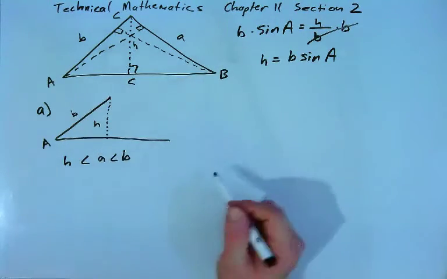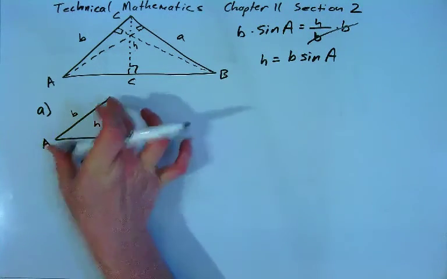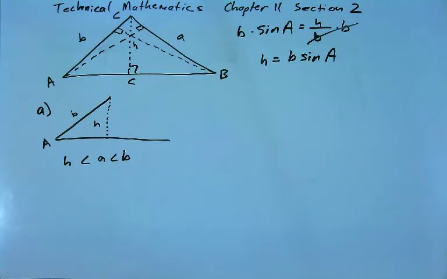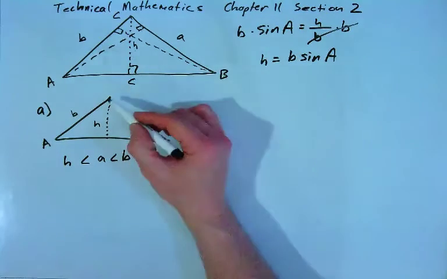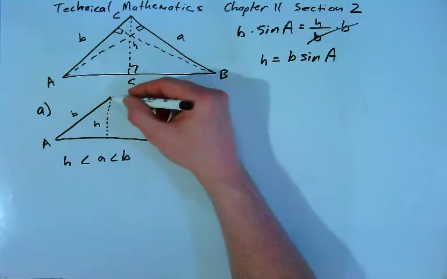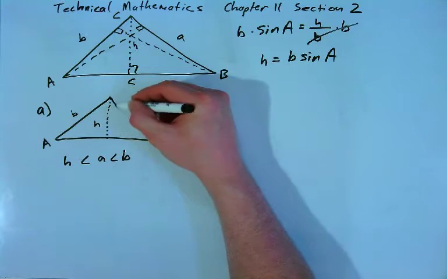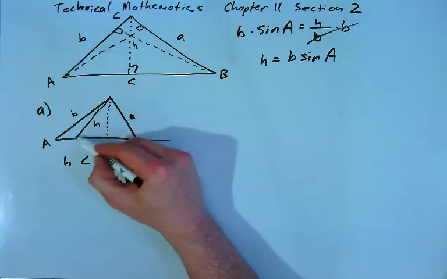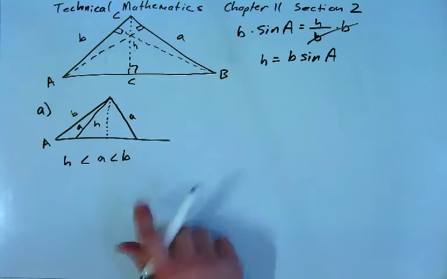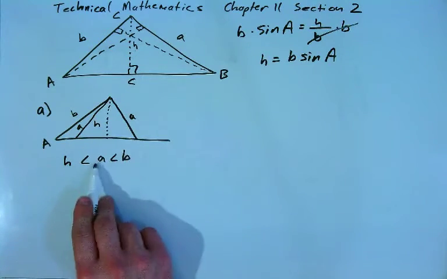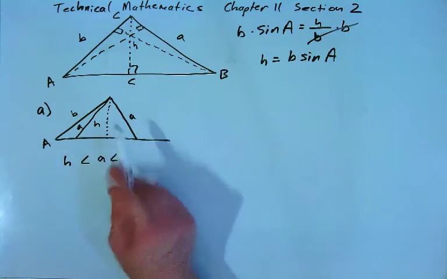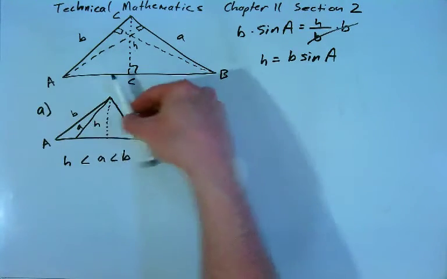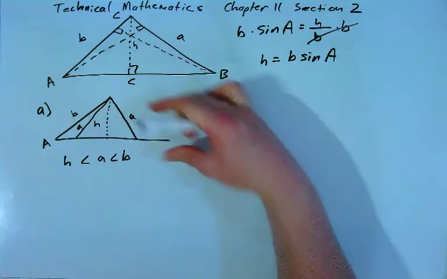a is longer than the height of the triangle, but it's smaller than the side b that was given to us. If that's the case, a has 2 different possible positions. a either falls here, or a can fall here. I hope that makes sense to you because a is longer than h. It has to not fall directly on h.